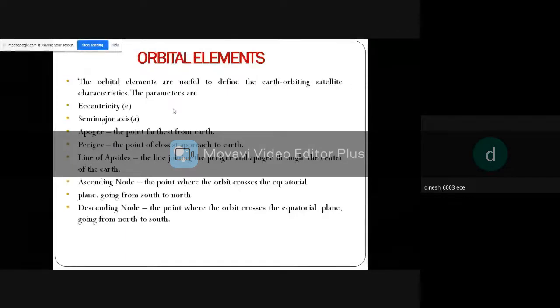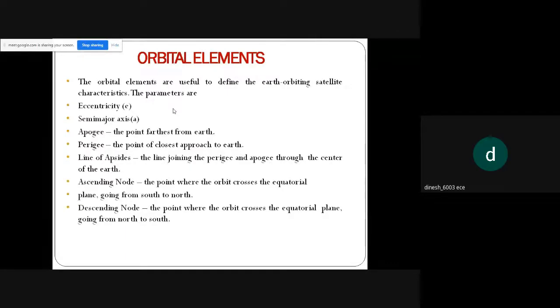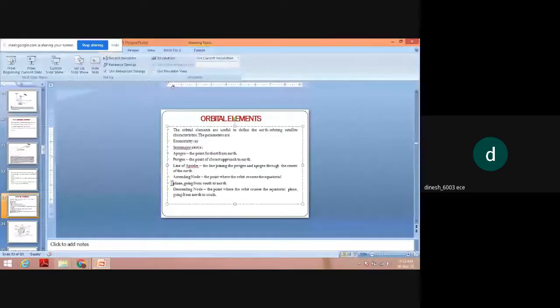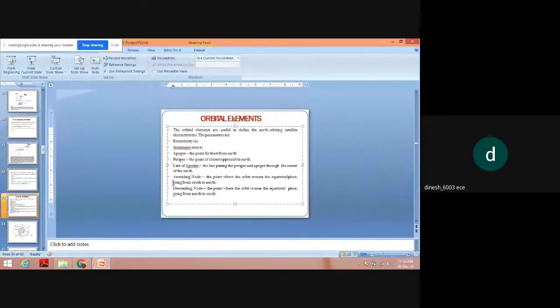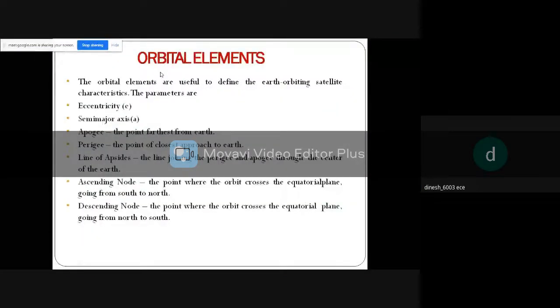Next is the ascending node. The ascending node is the point where the orbit crosses the equatorial plane going from south to north.